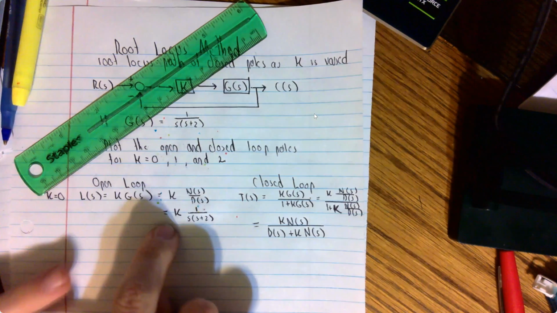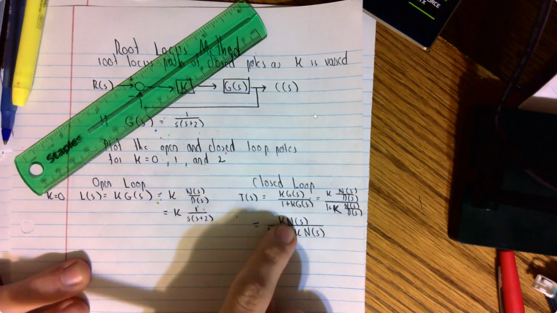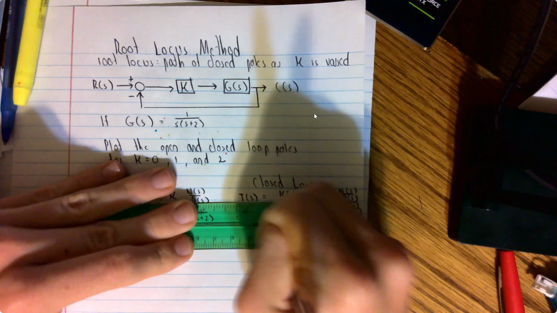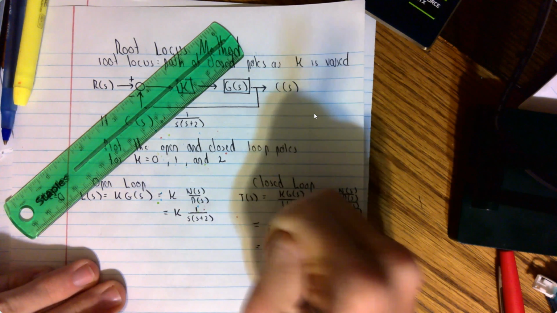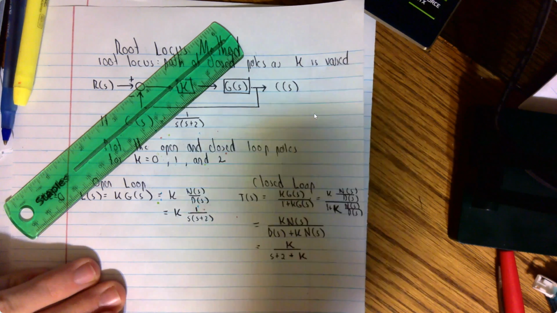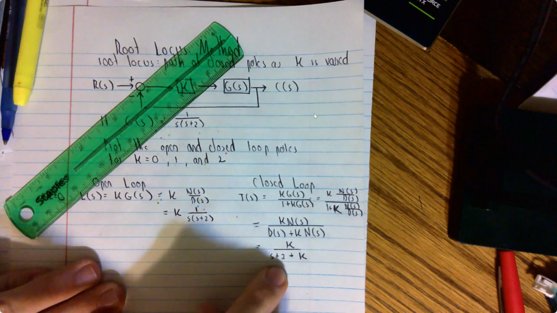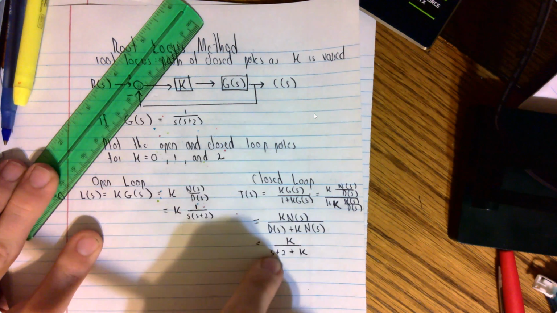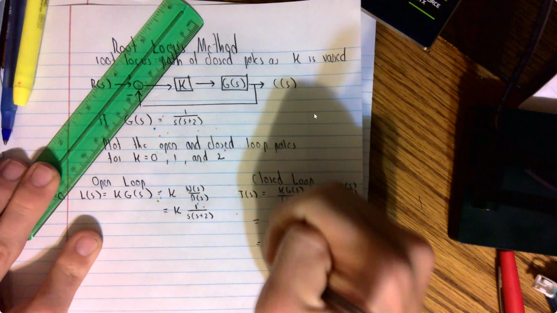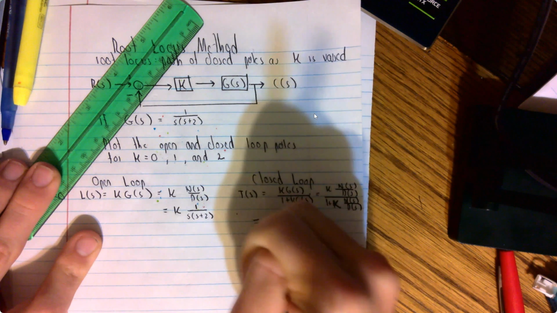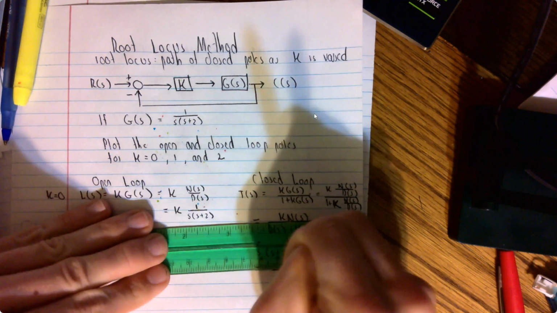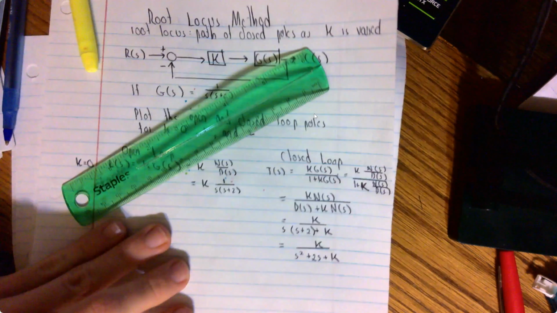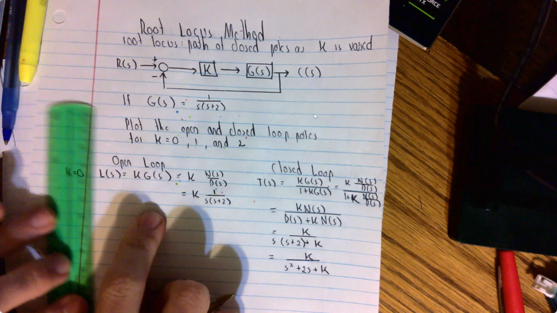So we know the transfer function for this one, the numerator is going to be 1. So this would be K times 1 all over S times S plus 2 plus K times 1. If we substitute in, the numerator of G of S is 1, and the denominator of G of S is S times S plus 2. So this is going to be K all over S squared plus 2S plus K.